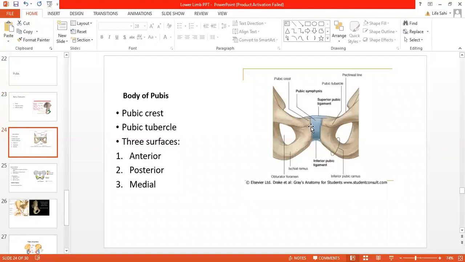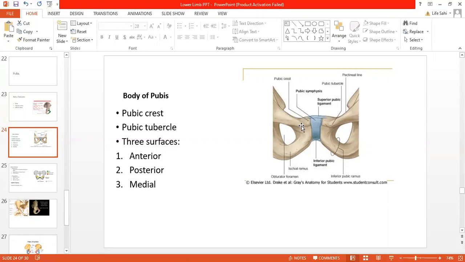The body of the pubis is a thick bar of bone that forms the pubic symphysial joint with the body of the pubis of the opposite hip bone. It presents a sharp superior border called the pubic crest.